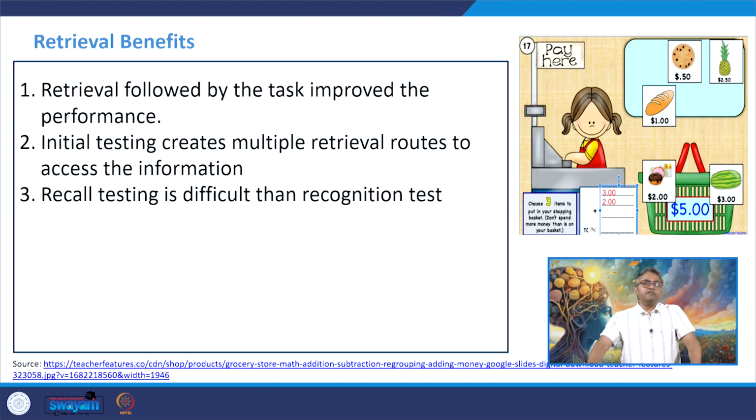We know that when we were talking about retrieval earlier, there is recall and then there is recognition. Recall testing is more difficult than recognition testing. Now, on the contrary, in a different scenario, recall testing is better than the recognition test also, which we will address shortly. But why is recall testing difficult compared to recognition testing? Because in recall testing, we have to generate memories. Generation of information is always difficult.